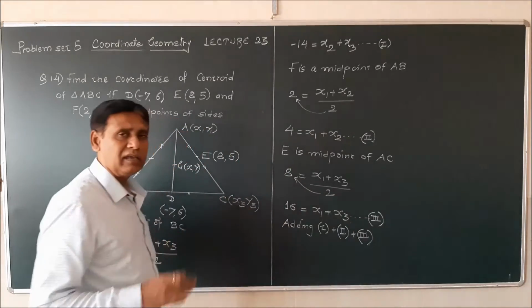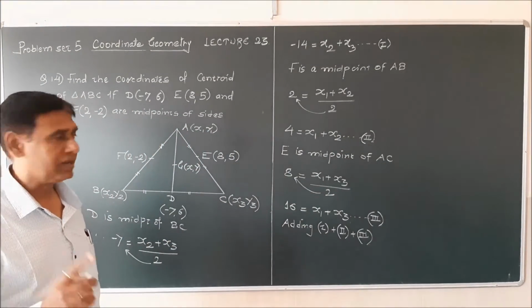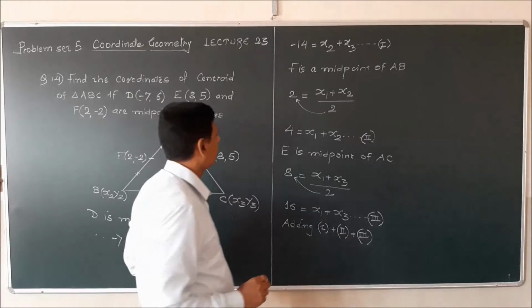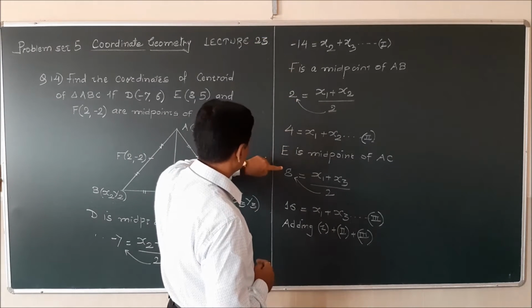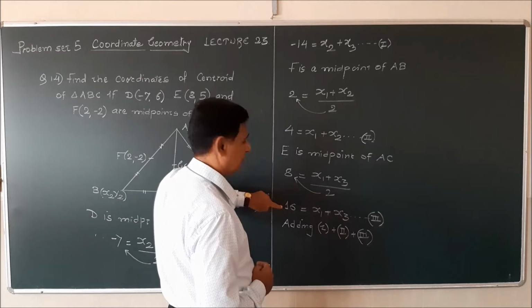Now if you add equations 1 plus 2 plus 3, then please try to understand. Equation 1 gives minus 14, plus 4, plus 16.